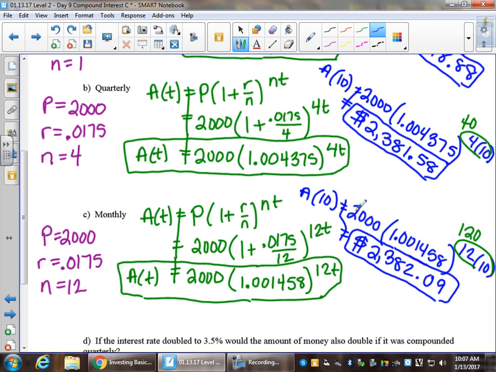So I think the difference is you went one more decimal place here. How did that happen? 0.00145. I'm going to try this again. 2,000 times. Oh, I know.